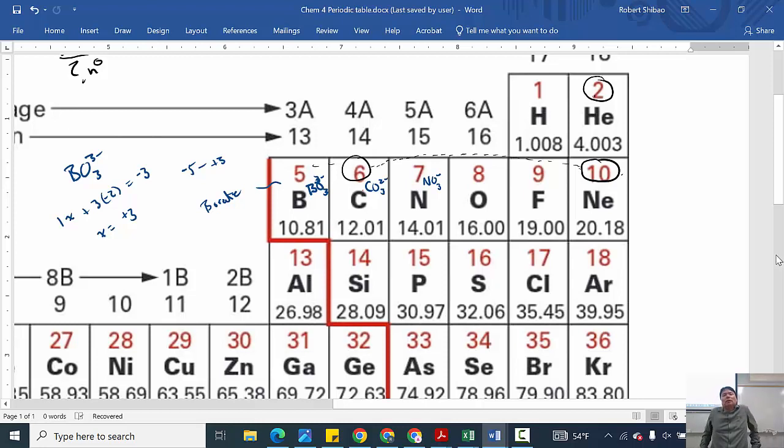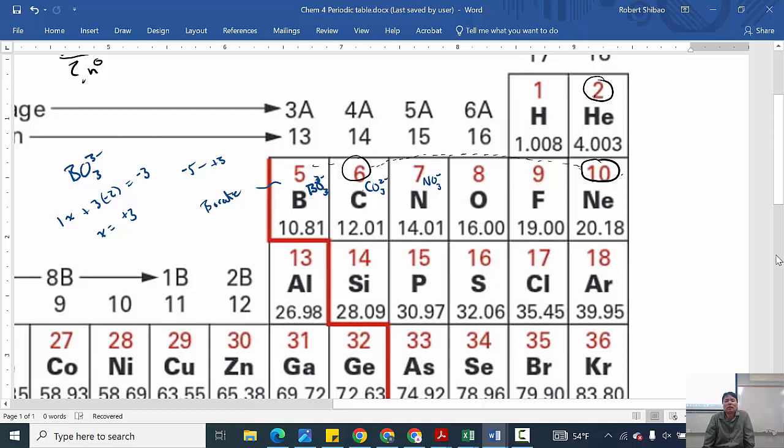There's a pattern there. Your next nomenclature test is going to have a lot more things to either have memorized or a lot more things that you should be able to figure out. So, for example, here I would memorize borate and then figure out carbonate and nitrate.